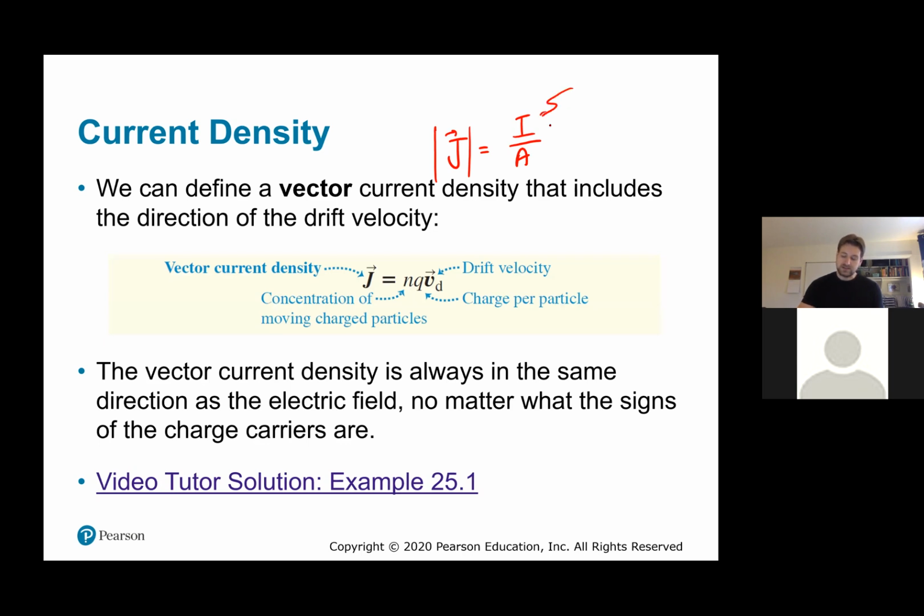Because both of these things are scalar. And we define a vector current density according to the charge, the polarity of the charge and the direction we're going. Okay.